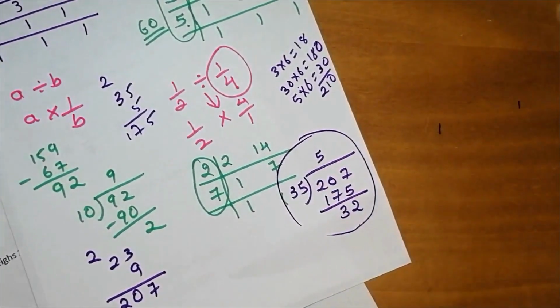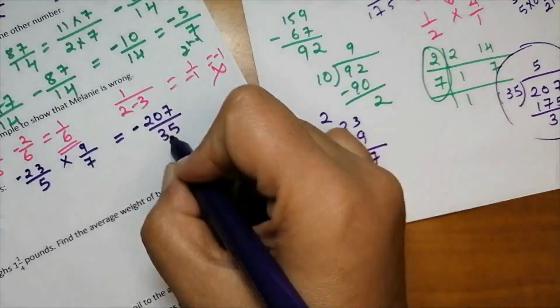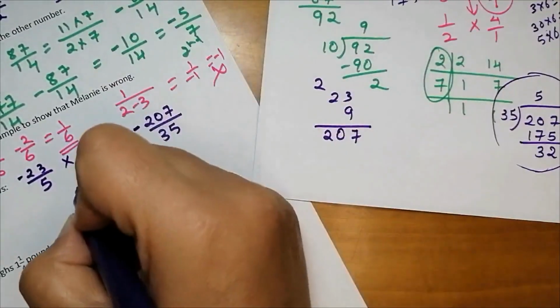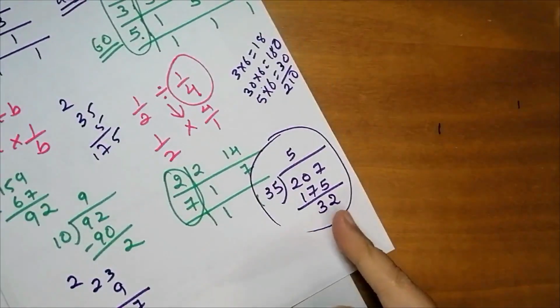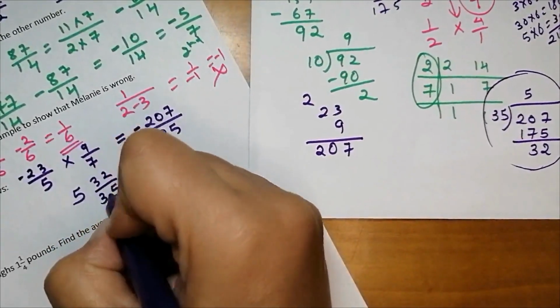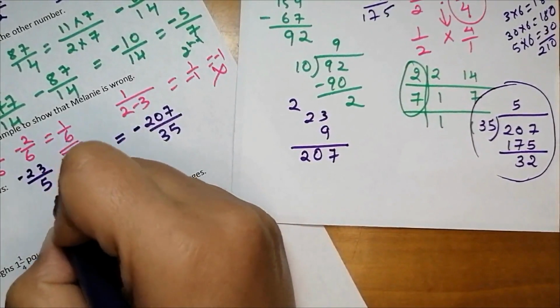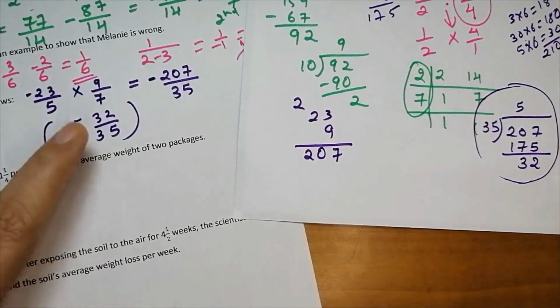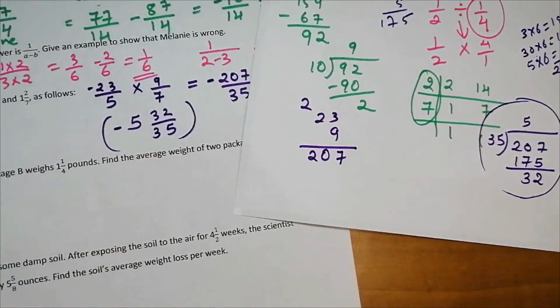We don't want decimals now, okay? We just wanted a mixed format, right? So basically this answer becomes, what is our quotient here? 5. So we write 5 here, and then remainder, right? 32, and the divisor is 35, and this is the negative answer, okay? So this is how you could put it in the mixed format also.